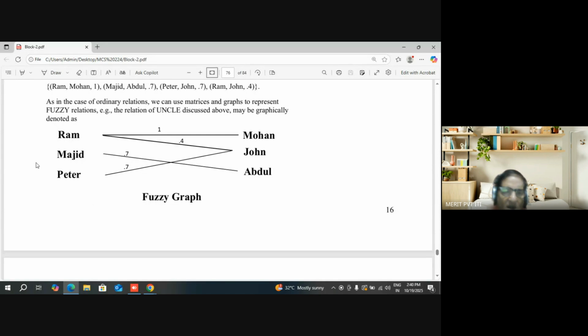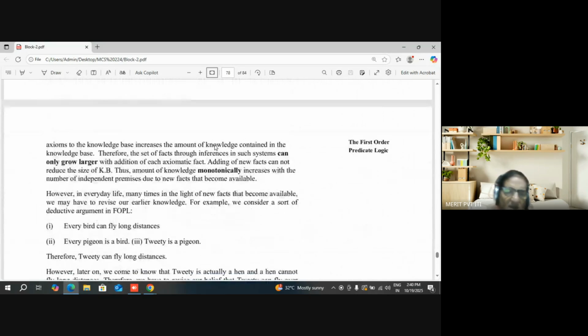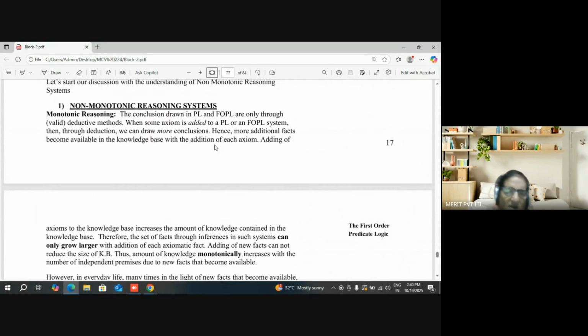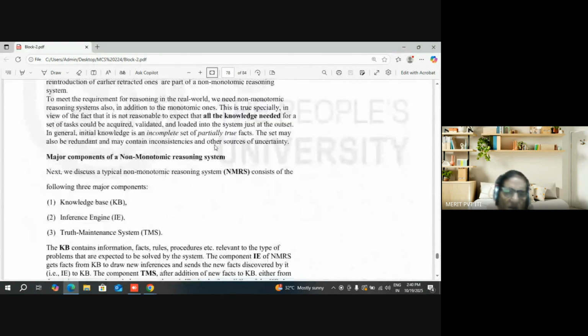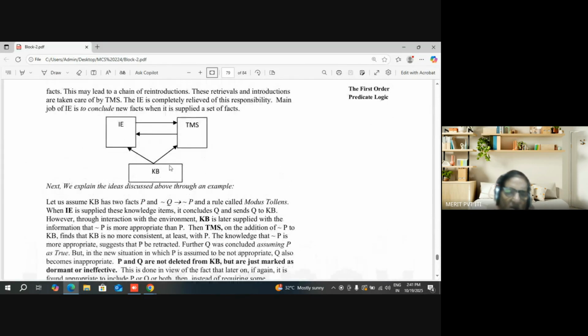So Ram, a fuzzy graph is formed: Majid, Peter, Abdul, John, Mon, Ram. That type of thing, then fuzzy reasoning comes in, the non-monotonic reasoning system. This is the knowledge base.